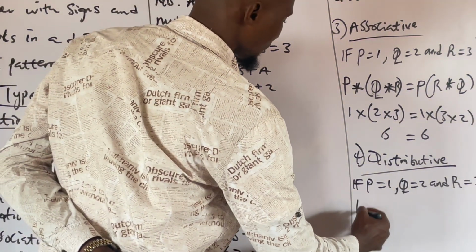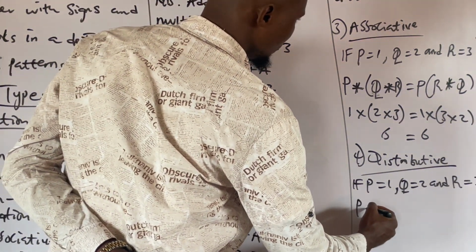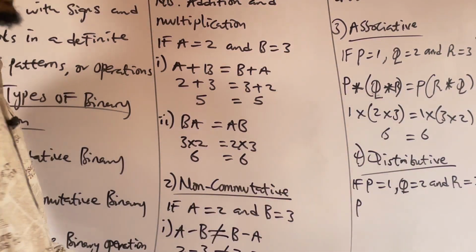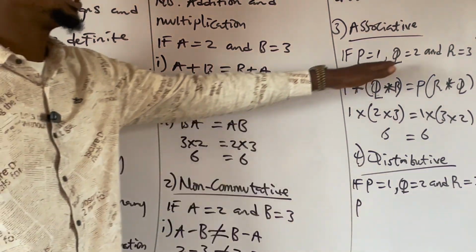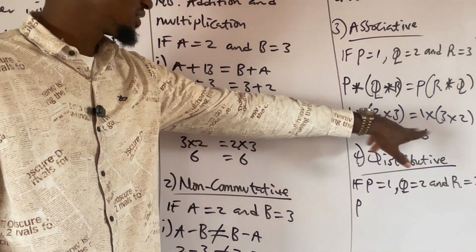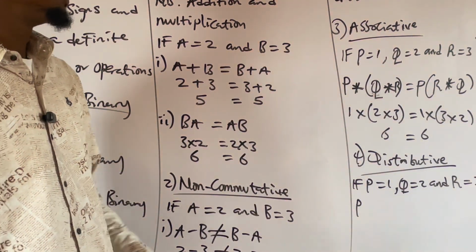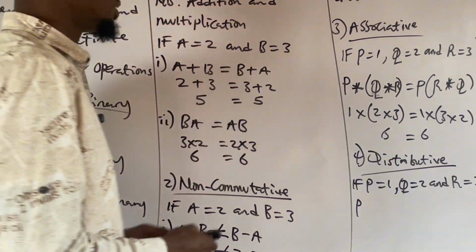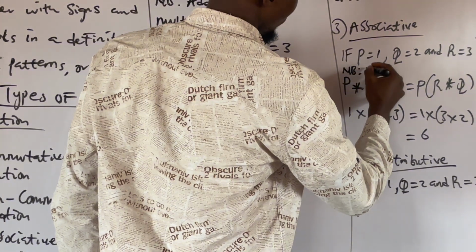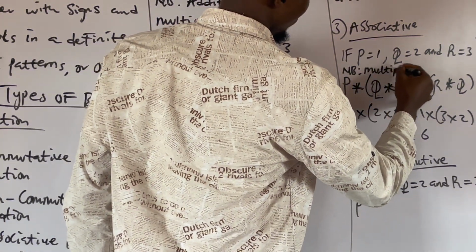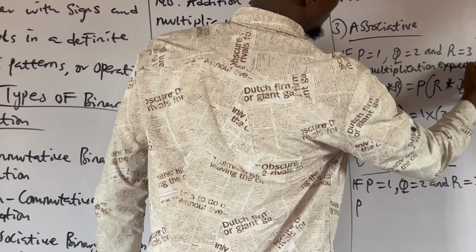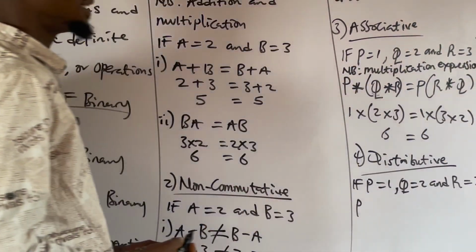I told you that associative is a multiplication expression. Just note that here is a multiplication expression, though I said it earlier.